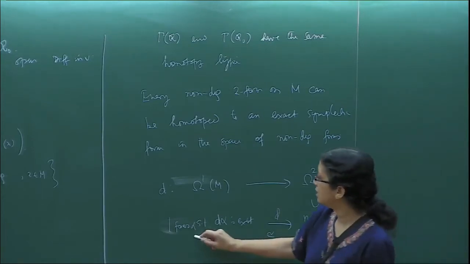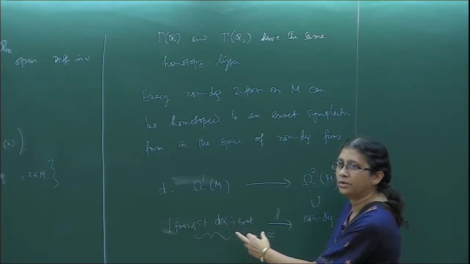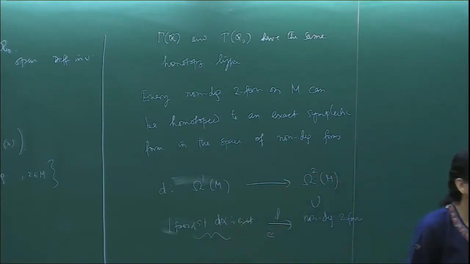On the other hand, what does it say? It says that there is an exact symplectic form. Now suppose you have a manifold and H2, the second de Rham cohomology group, you just consider any representative of that.